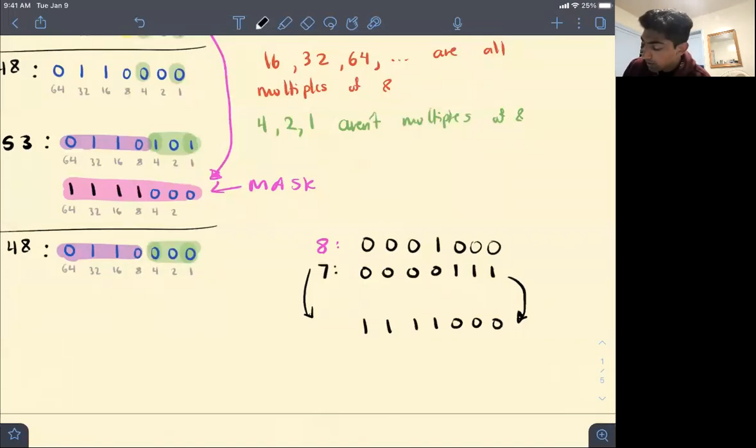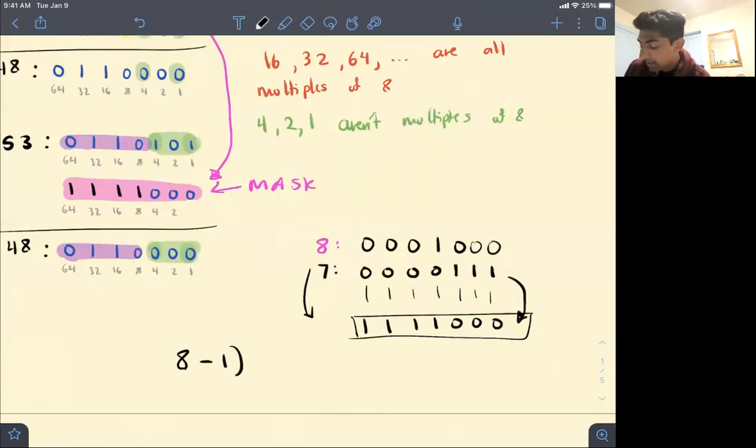If I flip all of the bits of 7, notice that we get the mask that we want. So putting it together, if I take 8, I subtract 1, it gives me 7. Then I flip all of these bits, then it gives me my mask, right?